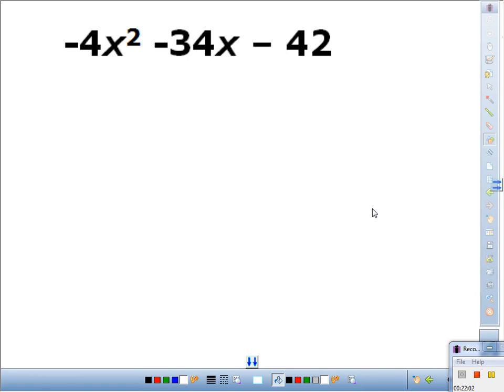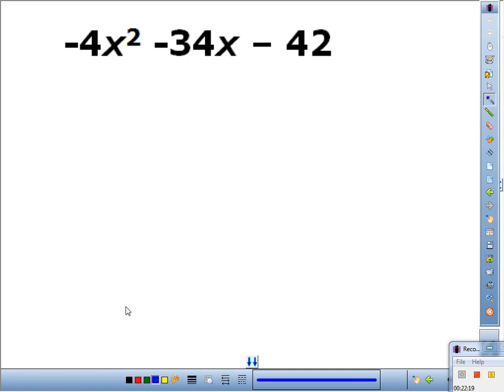Negative 4x squared minus 34x minus 42. Who's got the GCF? It's not 4. It's not 2.